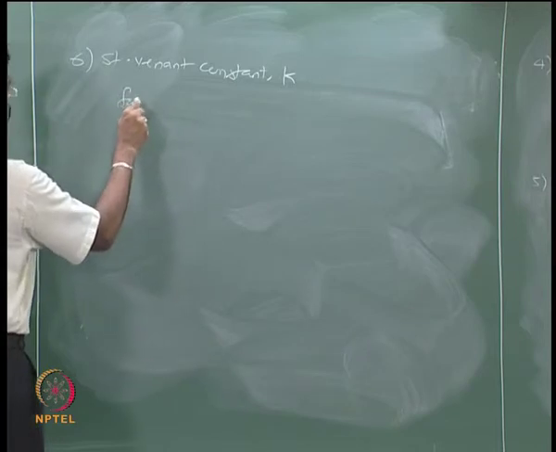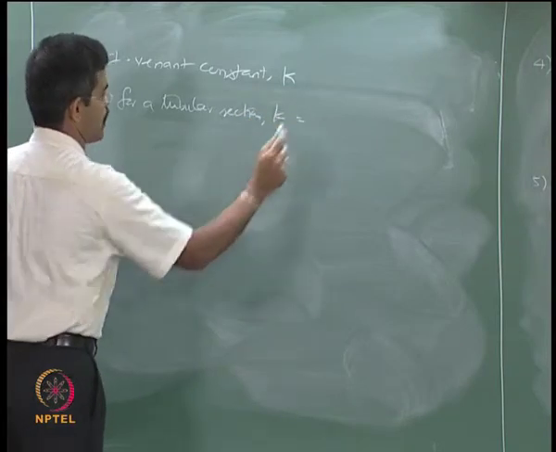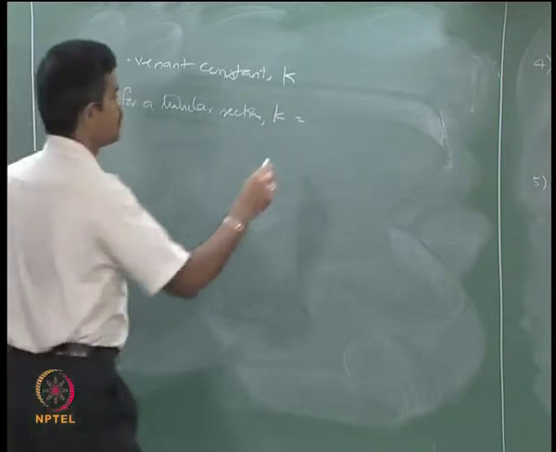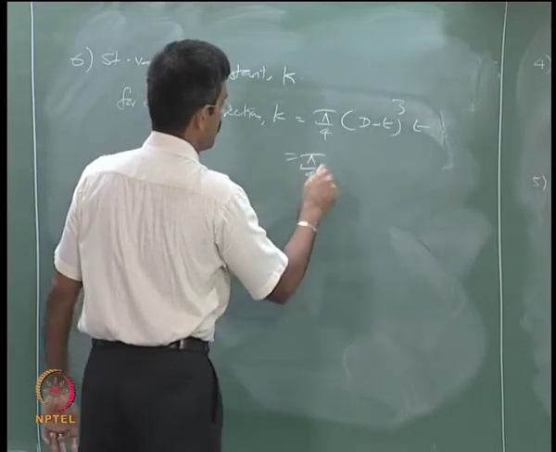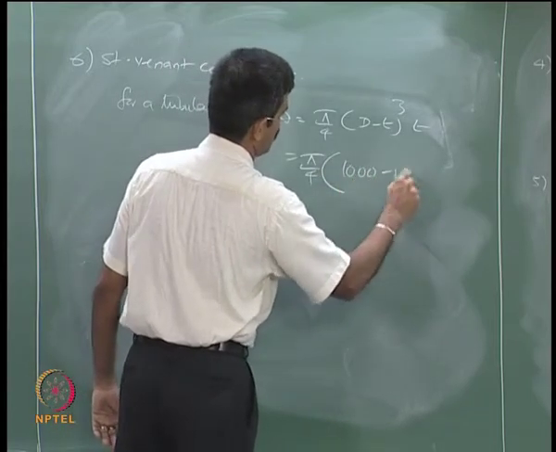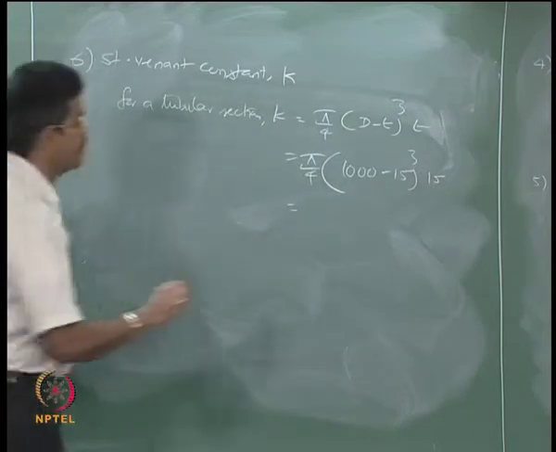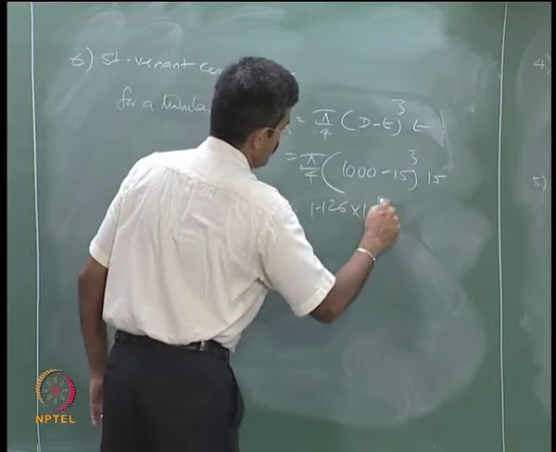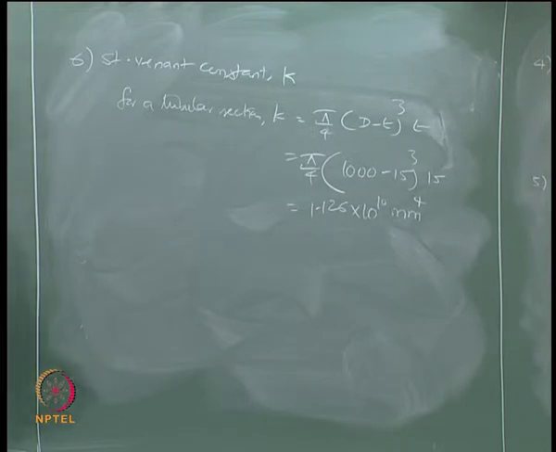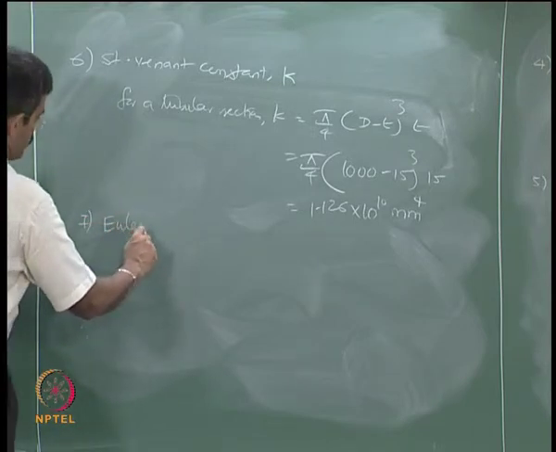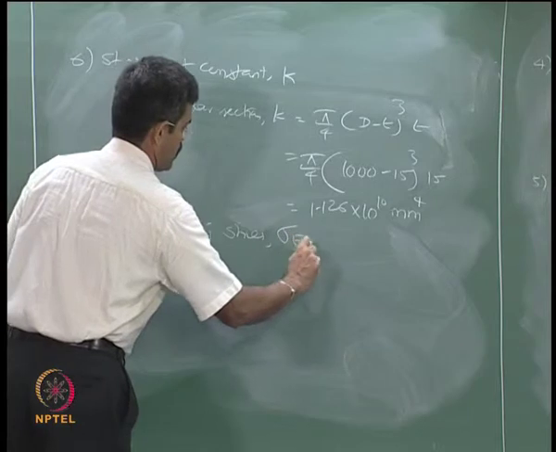so for a tubular section K is given by Euler's buckling stress sigma E eta.